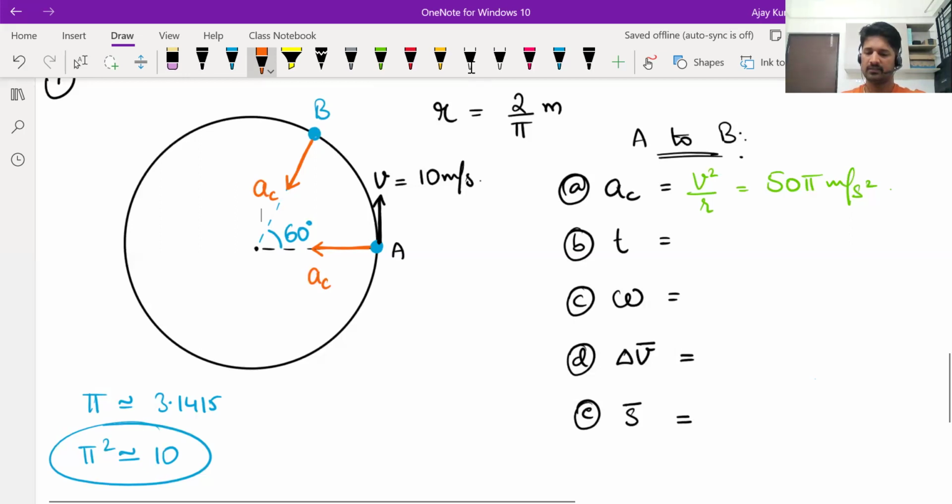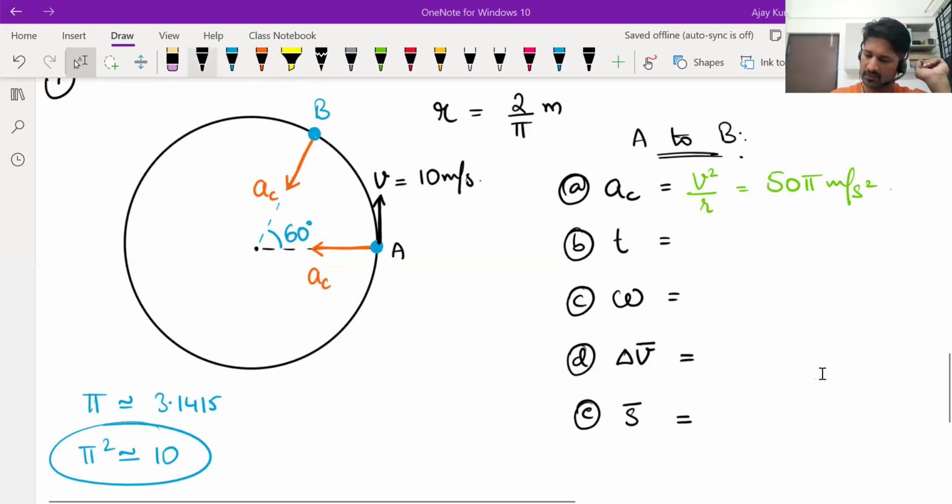Is centripetal acceleration constant? No, sir. Okay. In magnitude, it is constant, but direction keeps changing. So on the whole, you will say it's not constant. If they particularly ask you, is the magnitude of centripetal acceleration constant in uniform circular motion, then yes. I'm telling this to all of you. Direction will keep changing. Remember that.